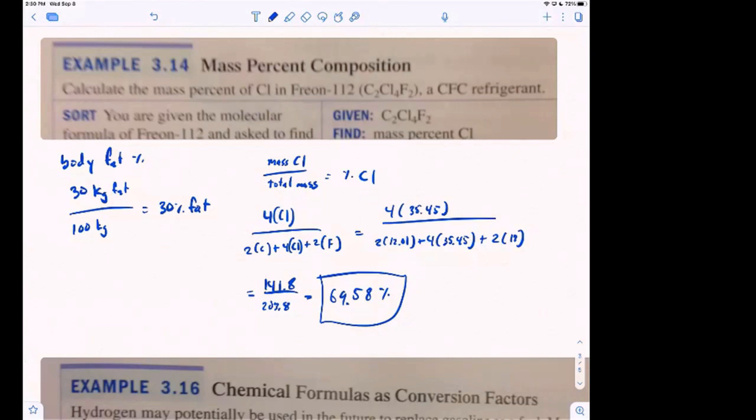Is that including 69.58? Yeah, because fluorine is 19.00. Okay. I mean, it doesn't specify how many sig figs. If you really want sig figs, I'll put sig figs. There you go.